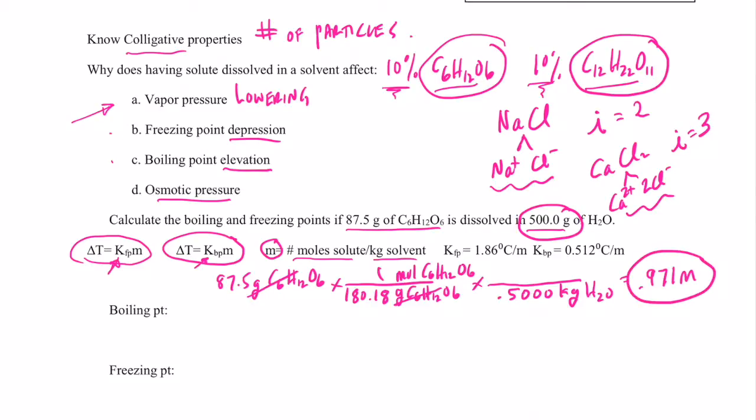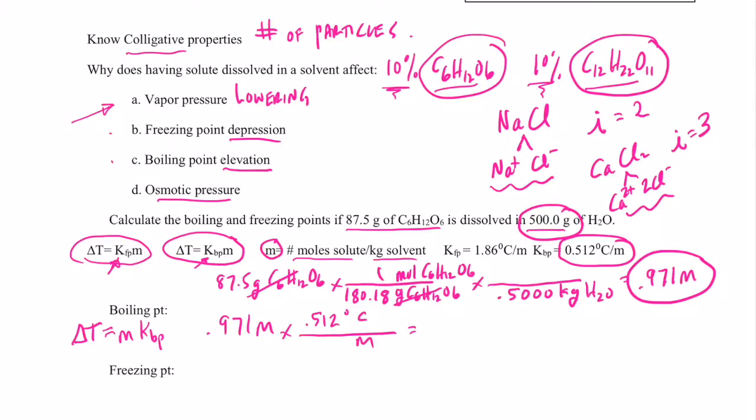Alrighty, so now we can find our boiling point elevation. So the boiling point elevation will be equal to the molality times the boiling point constant. So my molality is 0.971 molal. We just calculated that, kiddos. And the boiling point constant is 0.512 degrees Celsius per molal.